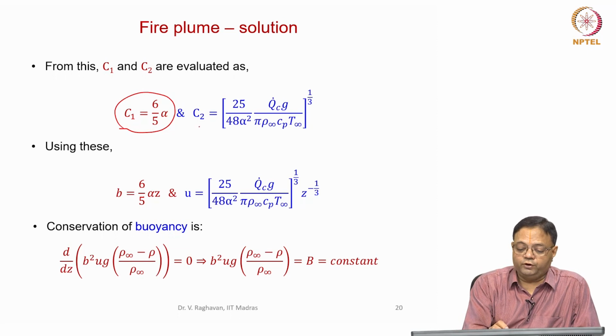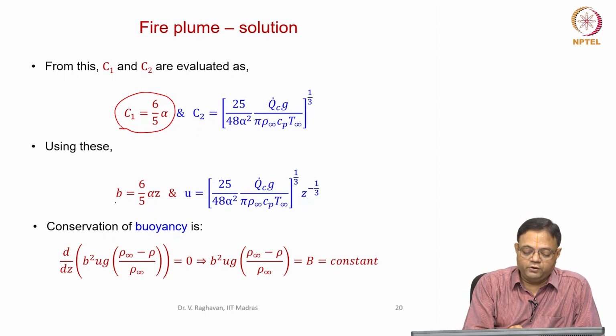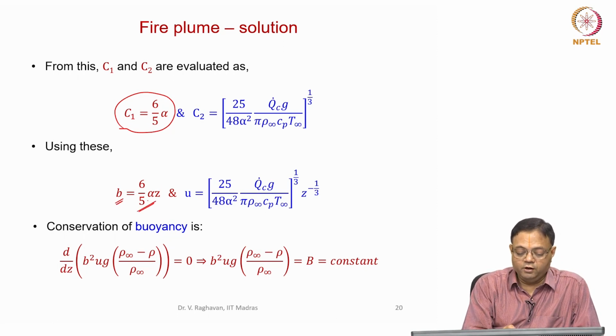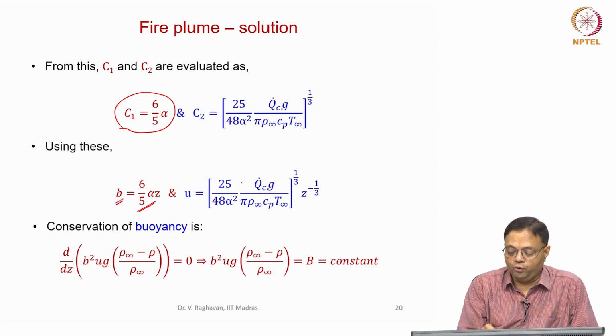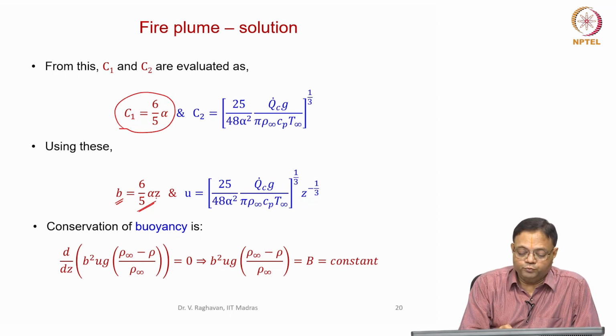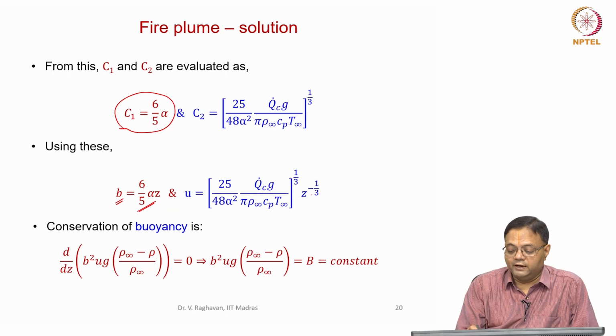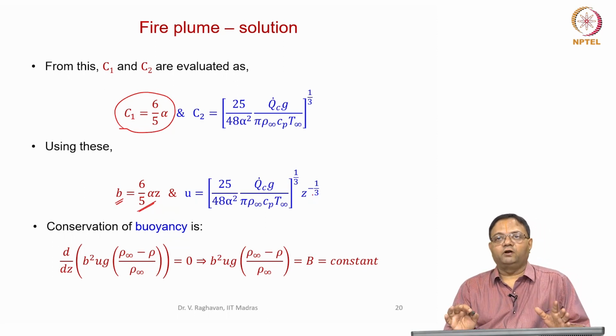Now C1 is known, C2 is known, m is known, n is known. So as per the definition, b equal to C1 z power m, m is 1, so 6 by 5 alpha z. u equal to C2 into z power n, n equal to minus 1 by 3. So you can see that the plume radius increases linearly with z, u decreases with z. Okay, this is what we have seen.